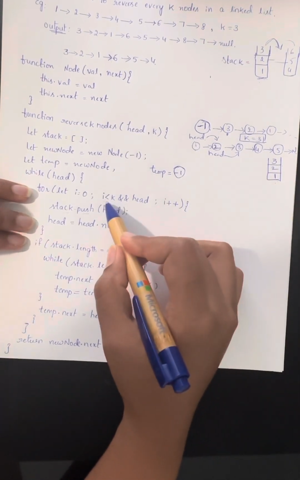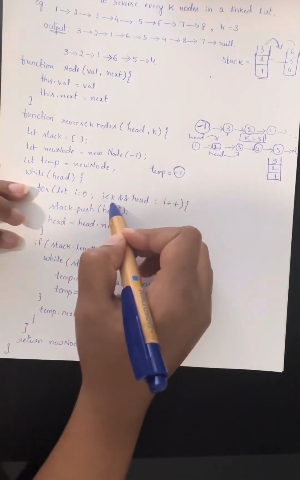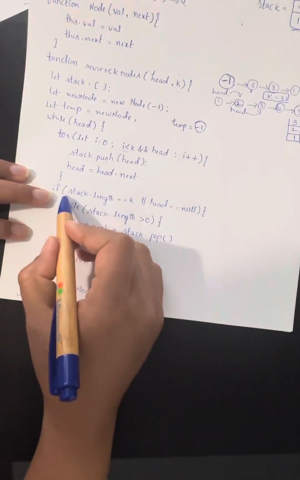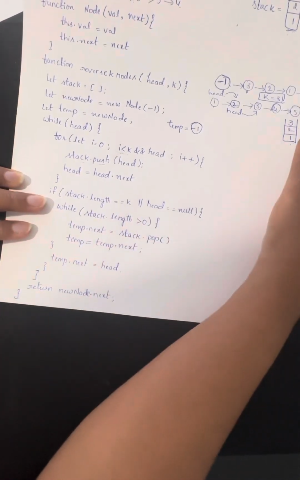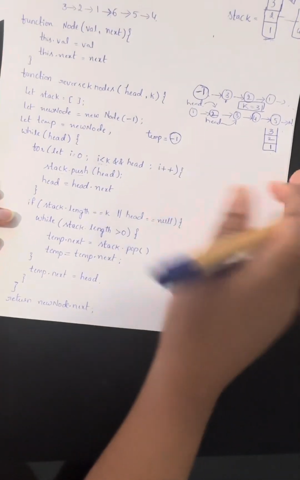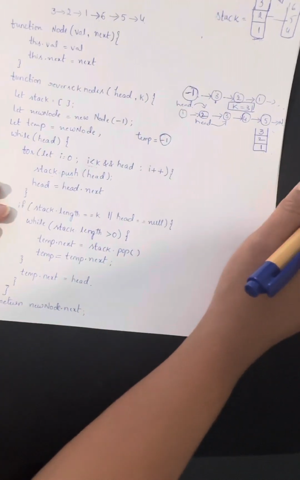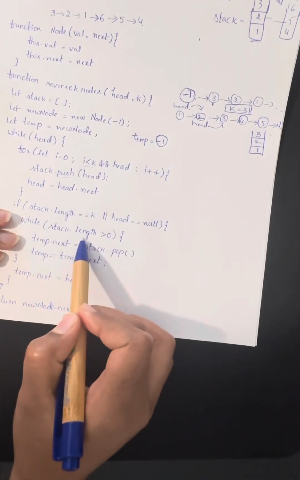Now this condition is false. Now it will check if stack dot length is equal to k. The stack dot length here is 3, which is equal to the given k, and then it enters this if condition and we start a while loop.